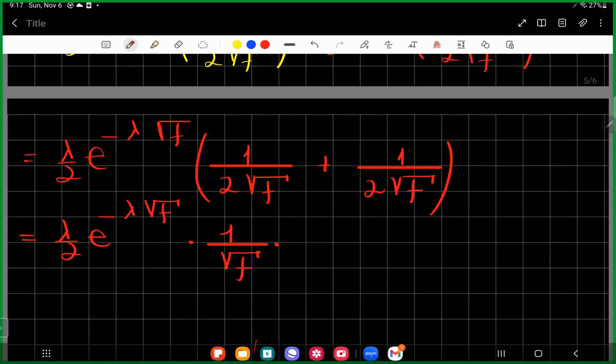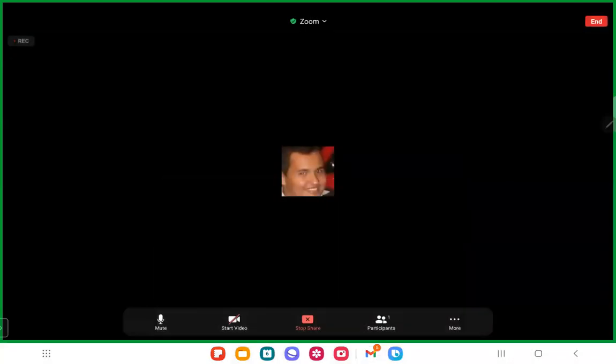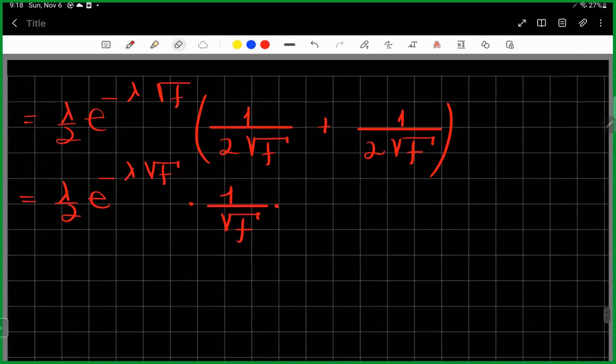Okay, so then finally, here we arrive at lambda over 2 square root of f times e to the minus lambda square root of f.